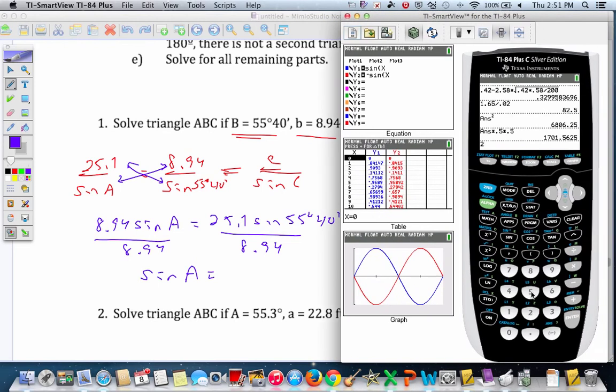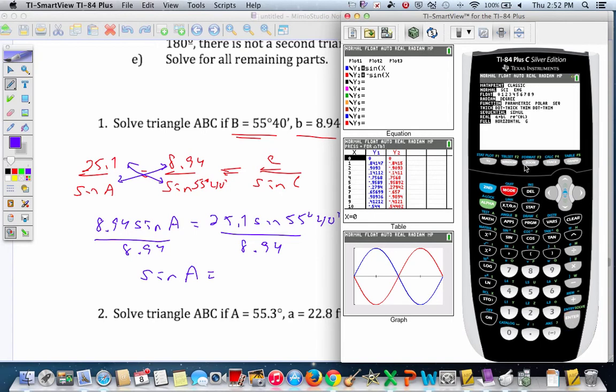Over here on the calculator, I'm going to type in that expression. I have 25.1 times the sine of 55 plus 40 divided by 60. And I'm dividing that by 8.94.